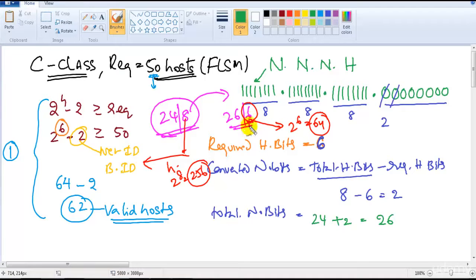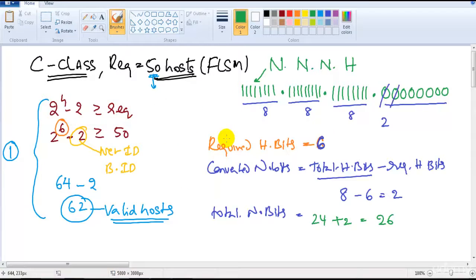How many bits we need to convert is decided by this formula: 2 to the power of h minus 2 greater than or equal to the requirement. This formula helps us figure out how many bits we need to convert.